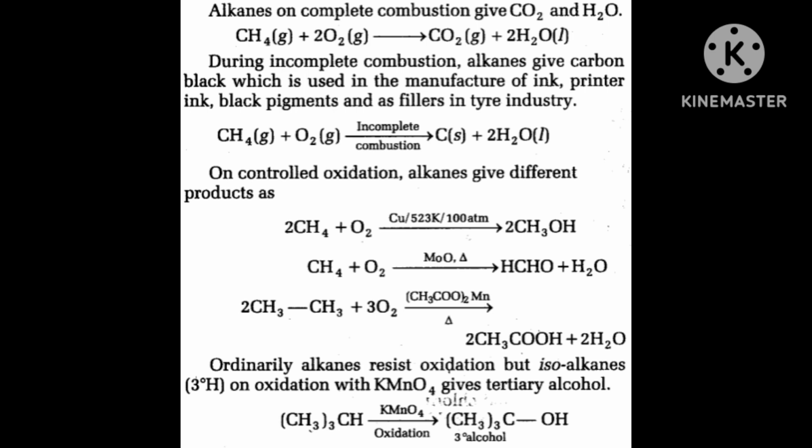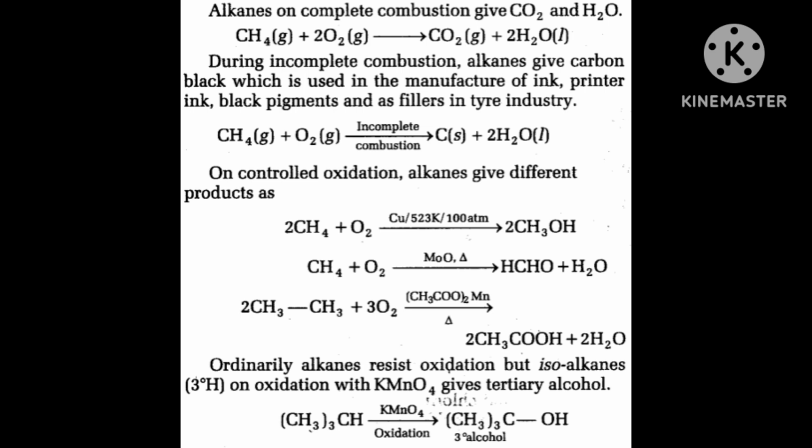Then it will give different products, four products. When methane is burning with oxygen in the presence of copper, the temperature is 523 Kelvin and the pressure is 100 atmospheres. You have to remember these things.